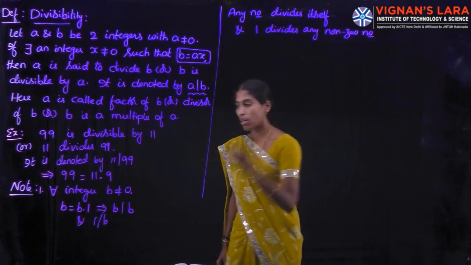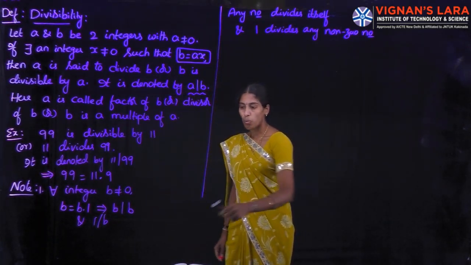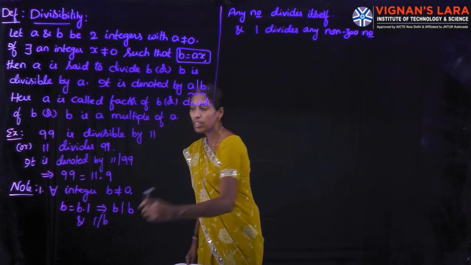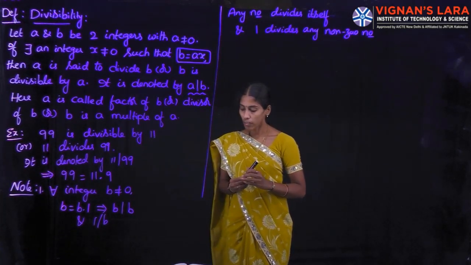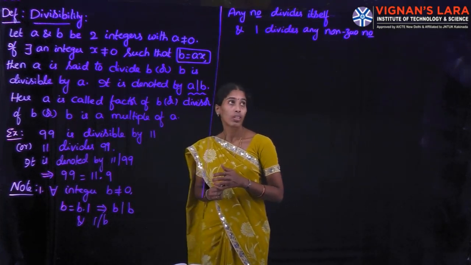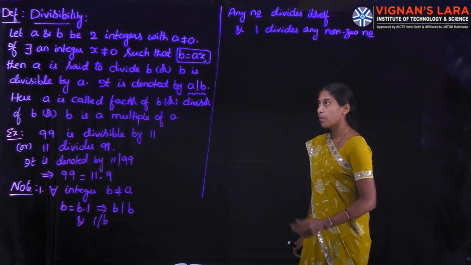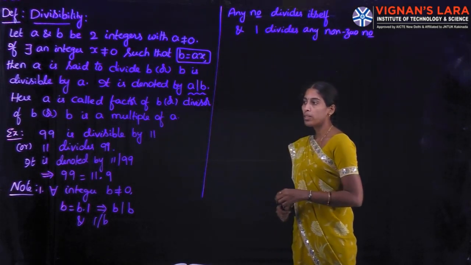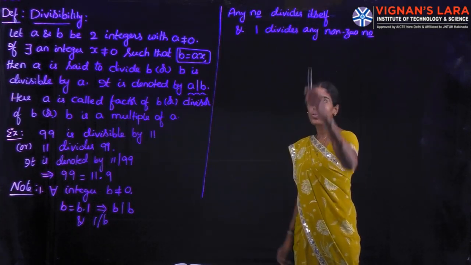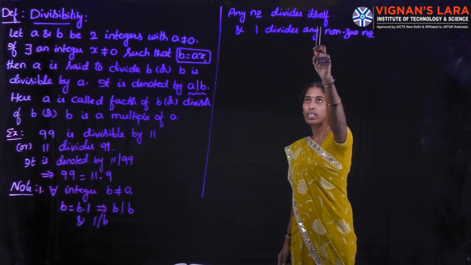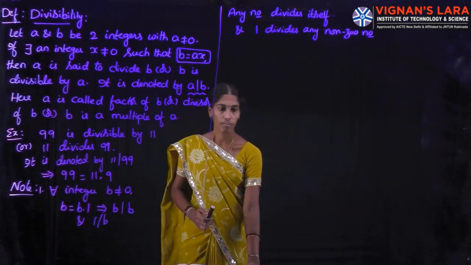It must be a non-zero number; b must be not equal to 0. So b divides b and 1 divides b. This is the conclusion about divisibility. So you need to note down divisibility and then the example, and you need to write a note. In that note, you can mark it as any number divides itself and 1 divides any non-zero number.